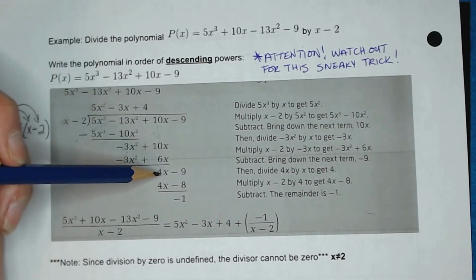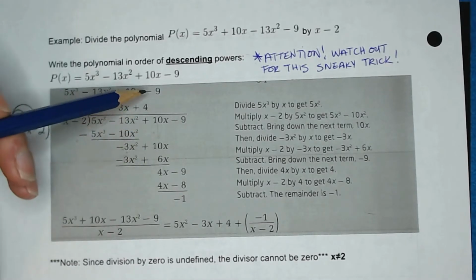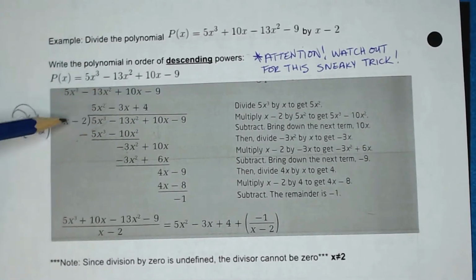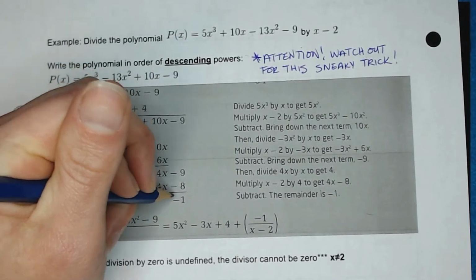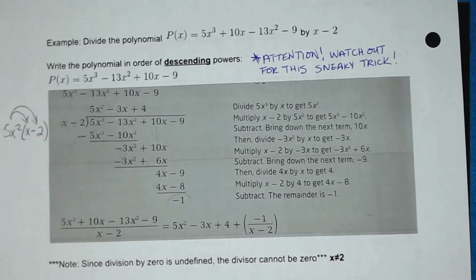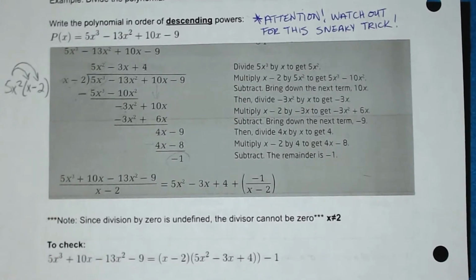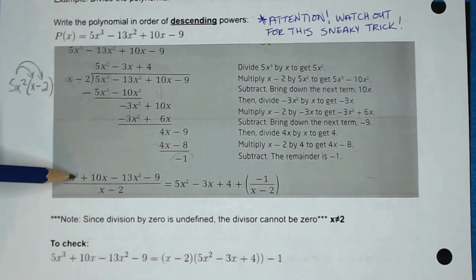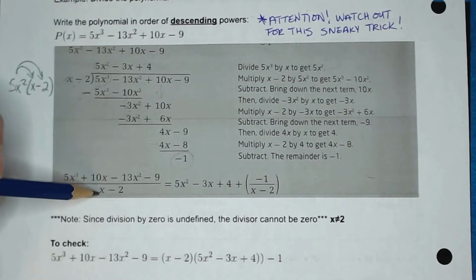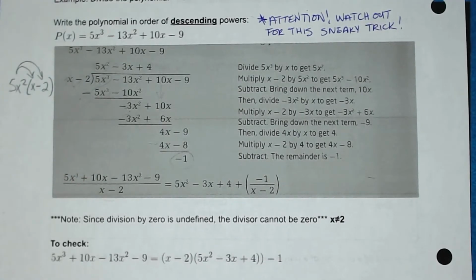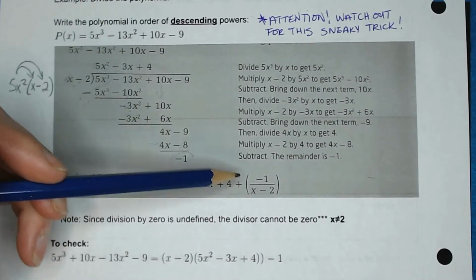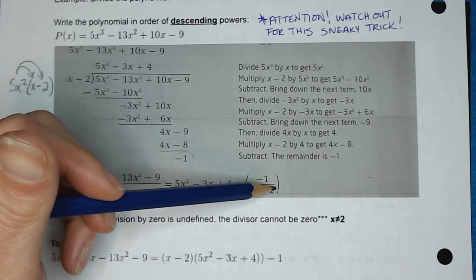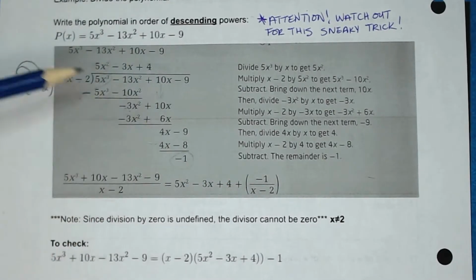x into 4x, of course, goes 4 times. 4 times x gives us 4x, and then 4 times negative 2 gives us negative 8. And we're subtracting it again, so here we have a remainder of negative 1. Once we have that, we can say this polynomial divided by x minus 2 gives us a resulting function of 5x squared minus 3x plus 4 plus, and then here's our remainder over our divisor, negative 1 over x minus 2.